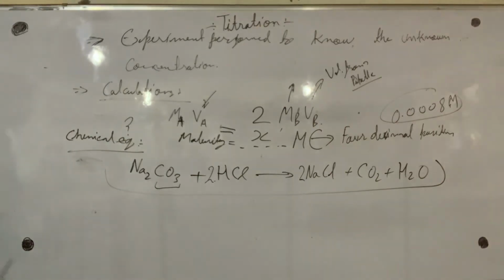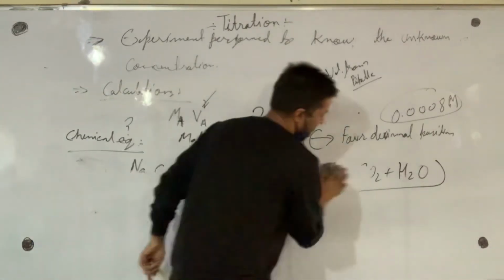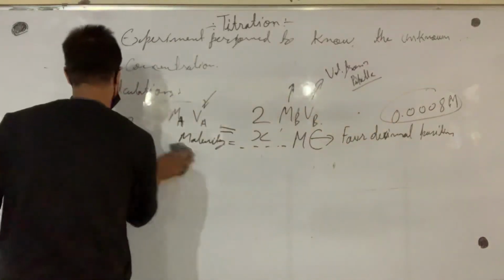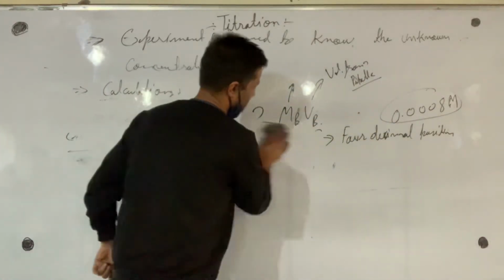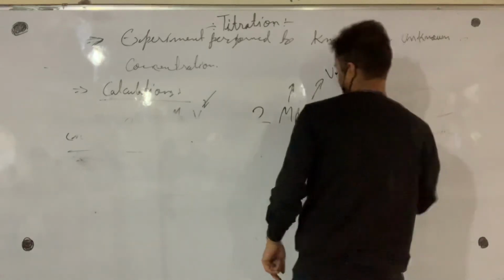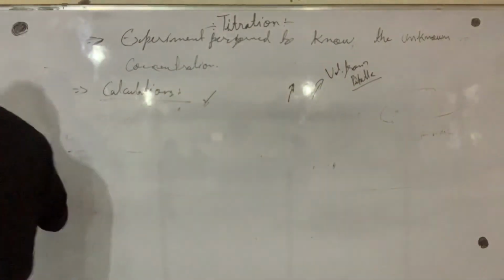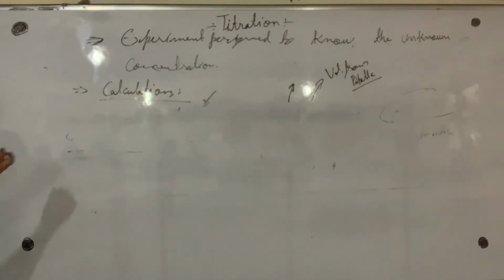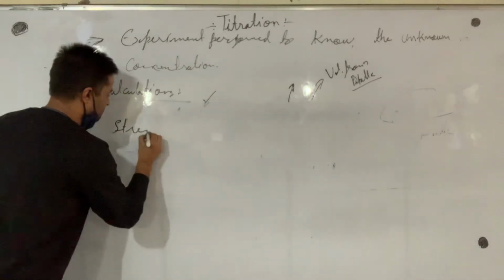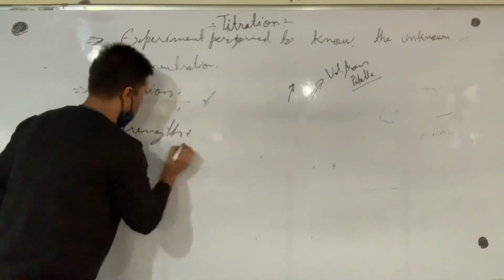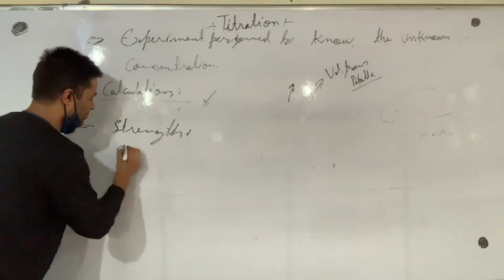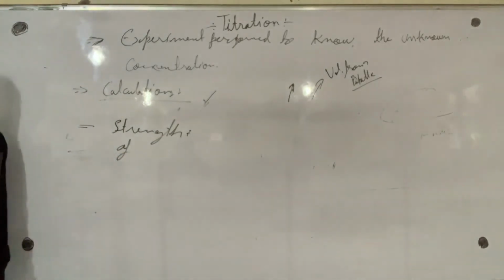So next is strength. How to calculate strength? Very simple formula. Suppose we are calculating for HCl in this titration.